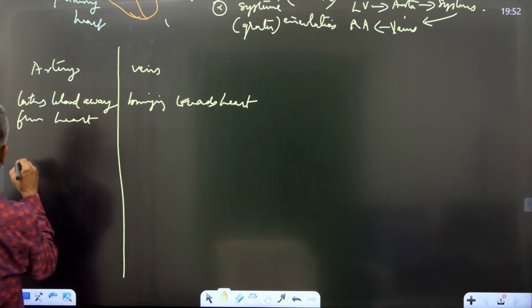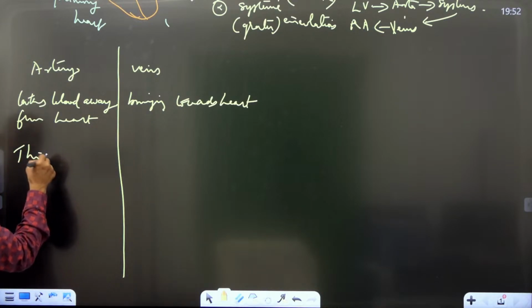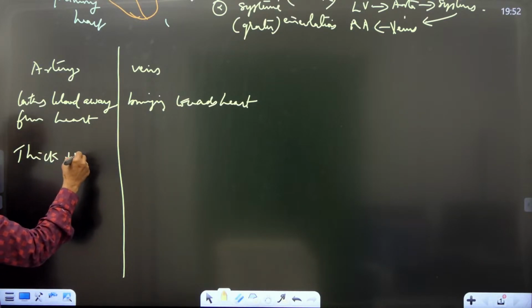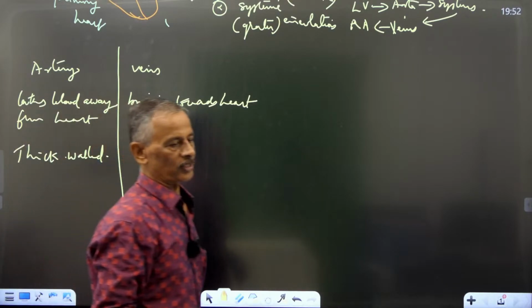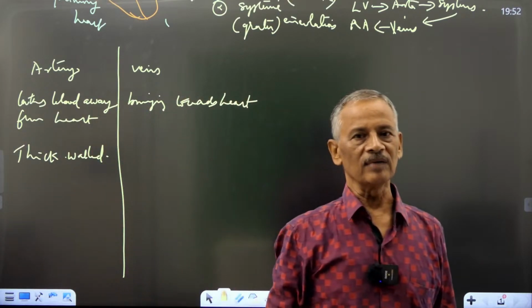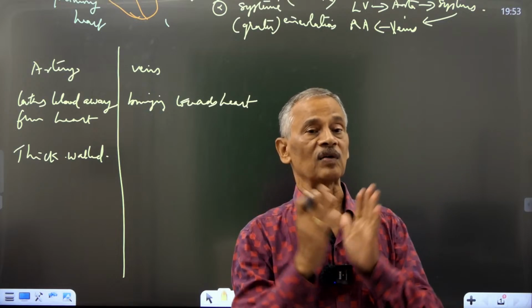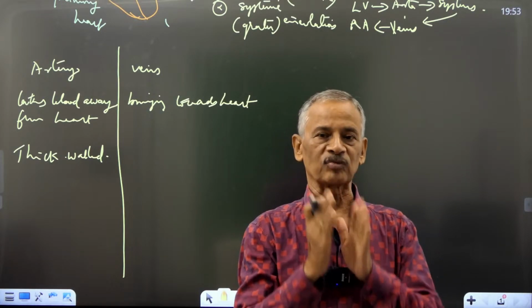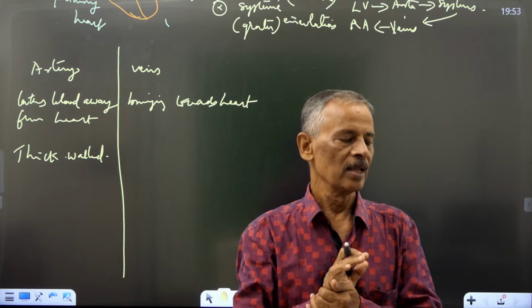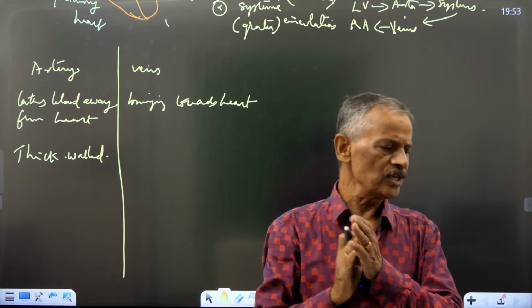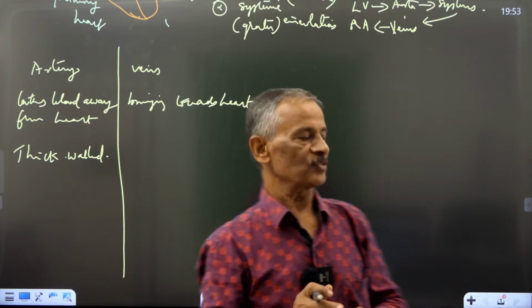Arteries are thick-walled. Remember, a blood vessel is an organ. It is having several types of tissues like muscular tissue, epithelial tissue, connective tissue, etc. And they are all arranged in 3 layers.